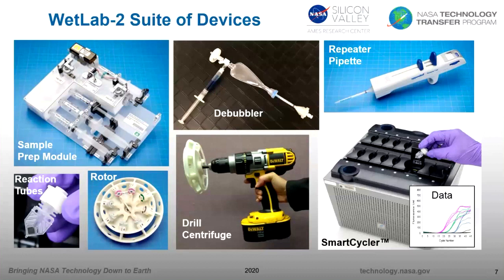So it's a nice lightweight way to do that. And then those tubes get inserted in the bottom right-hand corner into a thermal cycler. This one is made by Cepheid, called the SmartCycler. After 90 minutes, we generate data, which is in the form of fluorescent signal that comes off of the various target genes that we were looking for, and we can quantify how many of each was there.